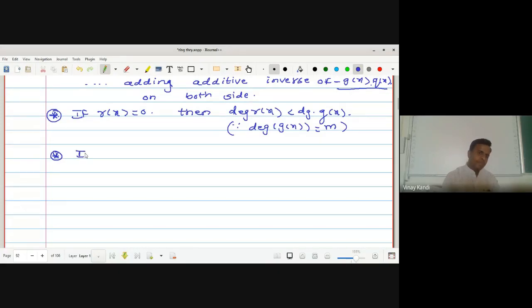Okay, now another possibility, if r of x is not equal to 0. Okay, then जर r of x ची डिग्री जर 0 नसेल तर मग काय असेल? सपोज दिस इज द r of x, ct into x raised to t plus ct minus 1 into x raised to t minus 1 and so on, up to c0.